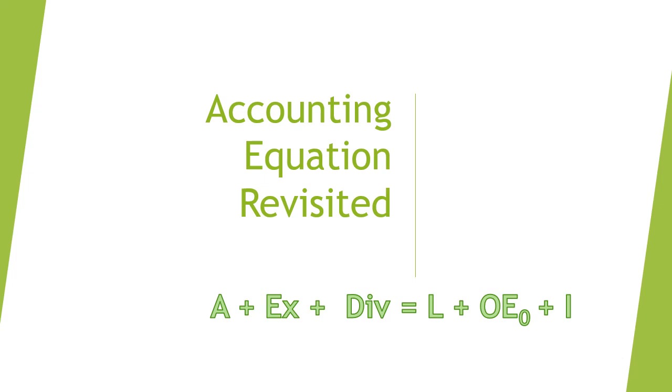Let me talk a little more about each of the components. Asset. Asset is a future benefit. But as of now, when I'm purchasing most of the assets, there's a cash outflow. I have to spend money to get an asset. Expenses also, when I incur, there is a cash outflow. Some expenses I might be paying later, but the cash outflow would eventually be there.